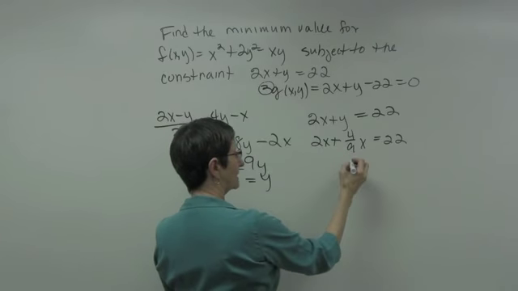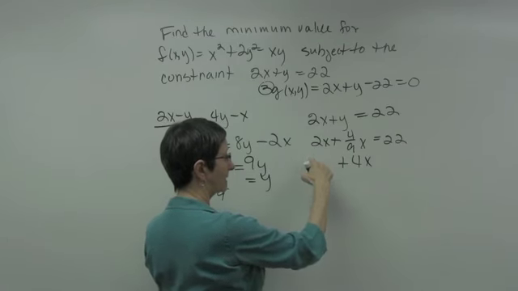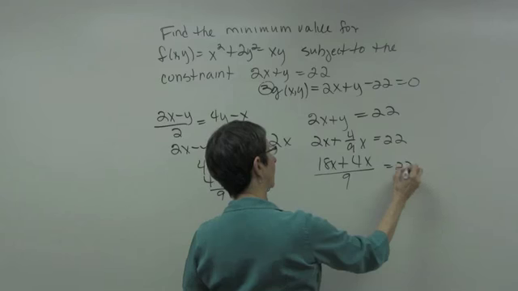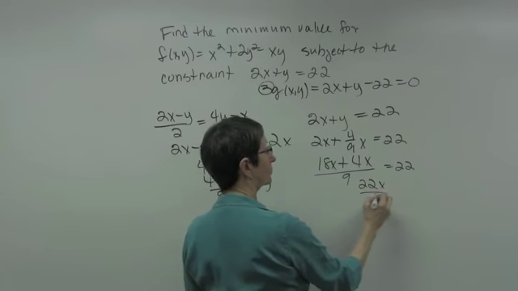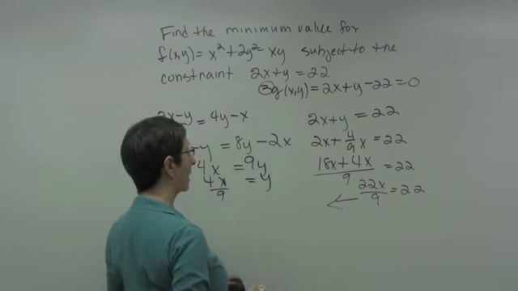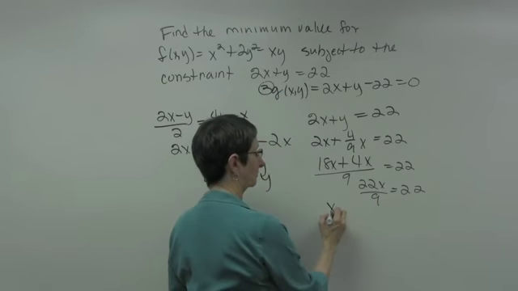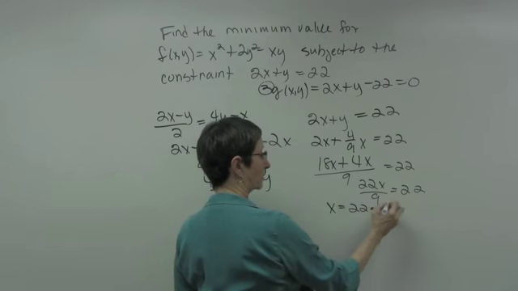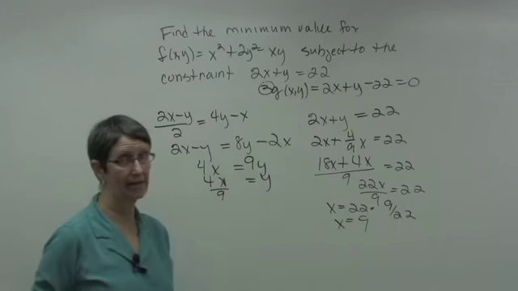So if I want 9 on the bottom of both, I have to multiply this by 9, gives me 18x, which is conveniently 22x over 9 equal to 22. So when I go to solve that, I will multiply both sides by 9 over 22. I have the 22, multiply by 9 over 22, gives me x equal to 9.